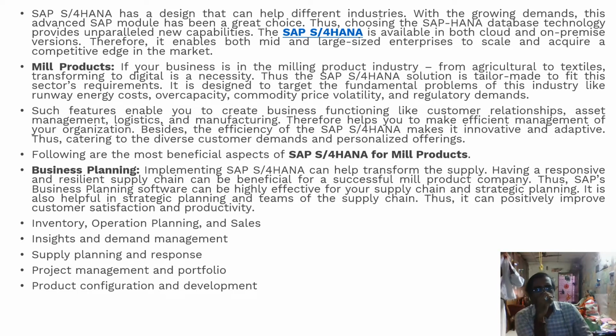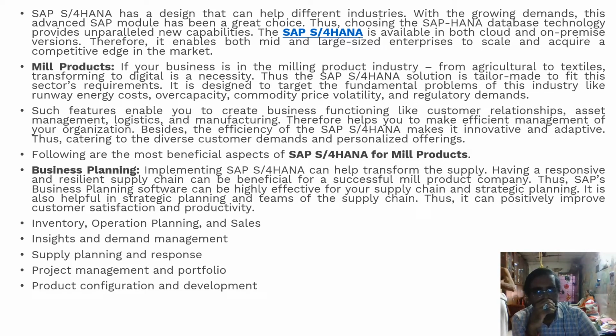It operates many operations in parallel, not step by step. OLAP, OLTP, all these processing operations happen in parallel. SAP S4HANA is available in both cloud and on-premise versions. Therefore, it enables both mid and large sized enterprises to scale and acquire a competitive edge in the market.